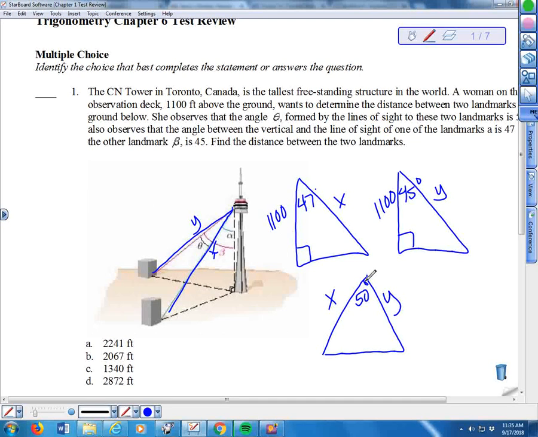Okay, so this is cosine is equal to 1100 over x, and then cosine here. So I would just take 1100 divided by cosine 47 to get this one.